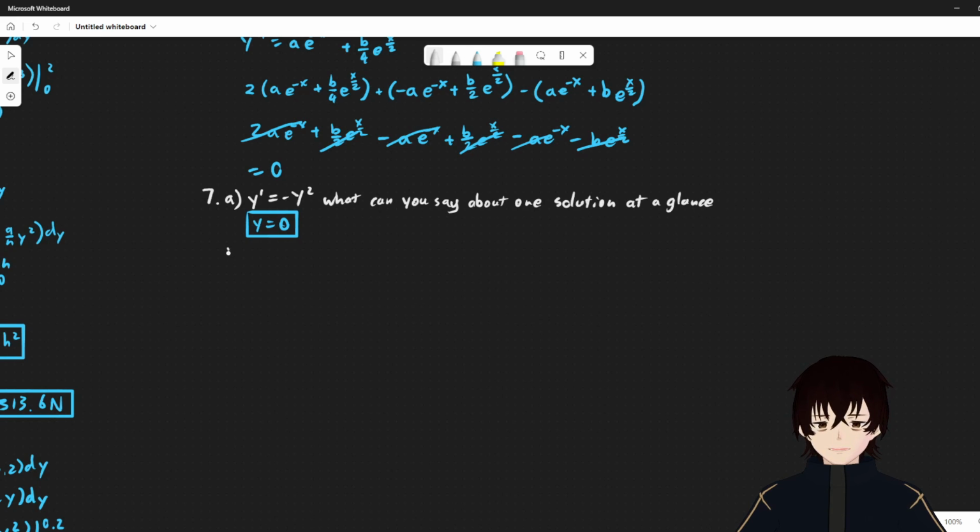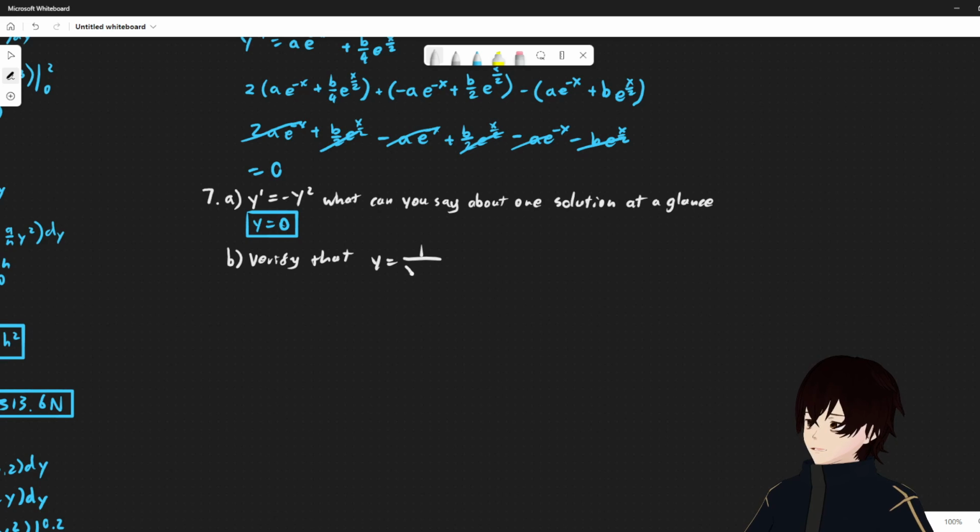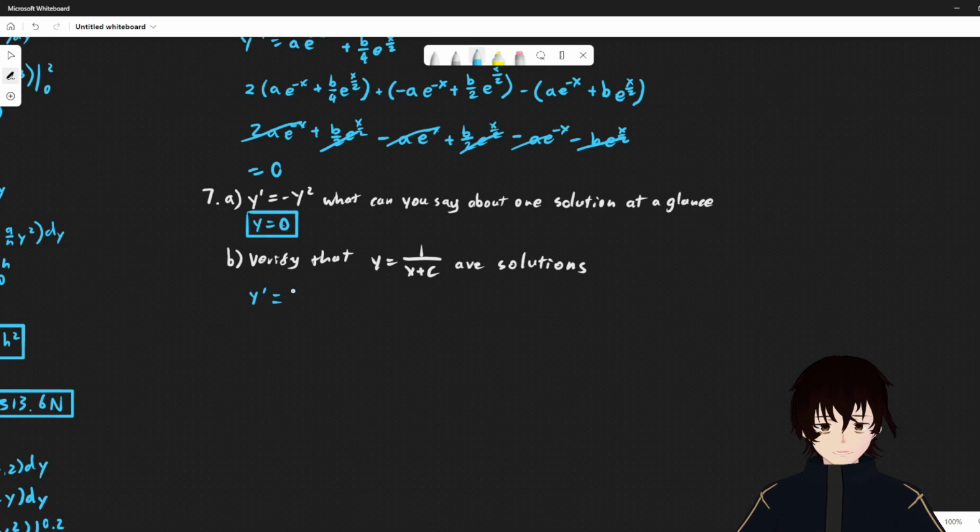Okay. Then B. Verify that y equals 1 over x plus c are solutions. Okay. Y prime is equal to natural log of x plus c. Wait, no. I just integrated. What am I doing?